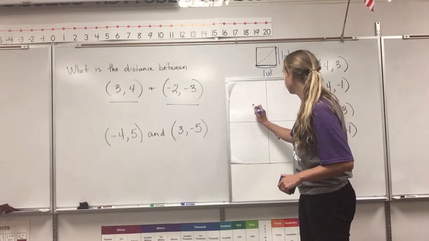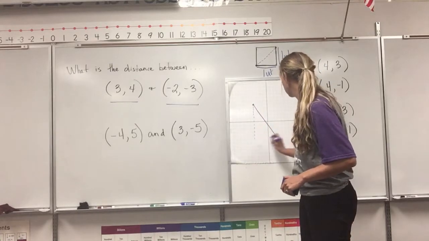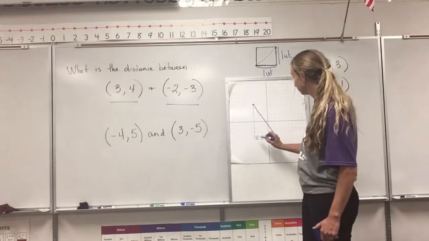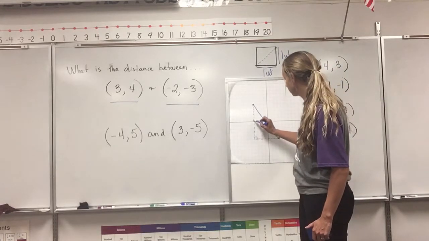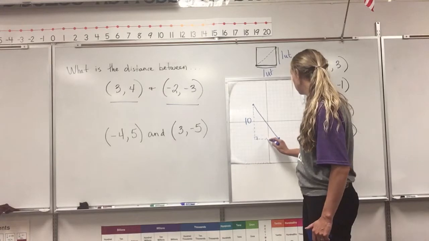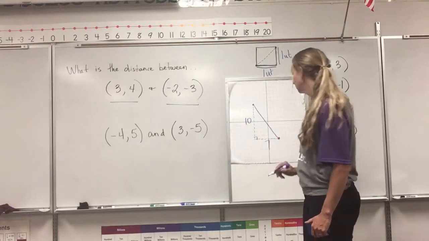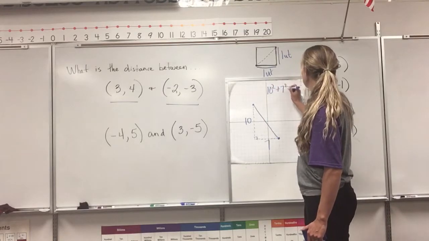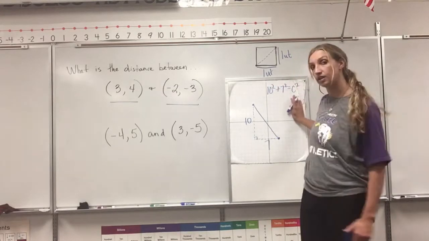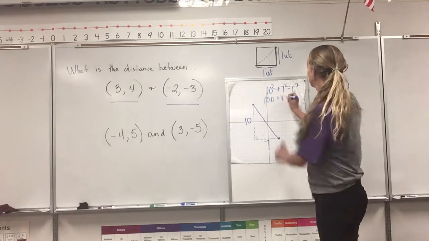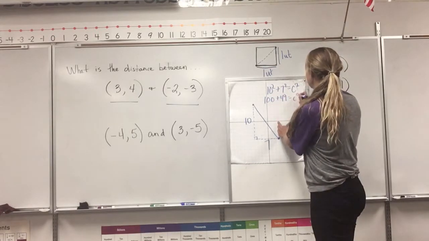So we're going to draw in an imaginary line coming down, an imaginary line going across. There's my right angle. This leg is 1, 2, 3, 4, 5, 6, 7, 8, 9, 10. This is 1, 2, 3, 4, 5, 6, 7. So the legs are 10 and 7. I'll use C this time instead of H. So 10 squared is 100 plus 49.